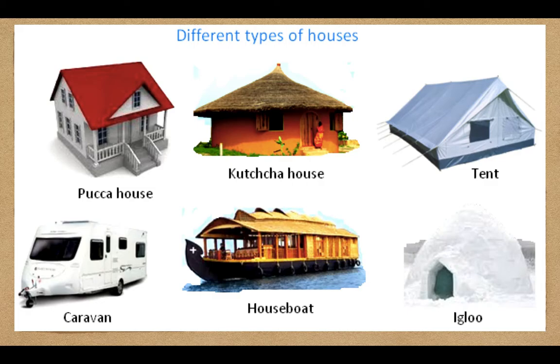And then it's an igloo. Now especially igloo houses are for Eskimos, the tiny people. It is also known as a snow house. And we think that inside it is warm.